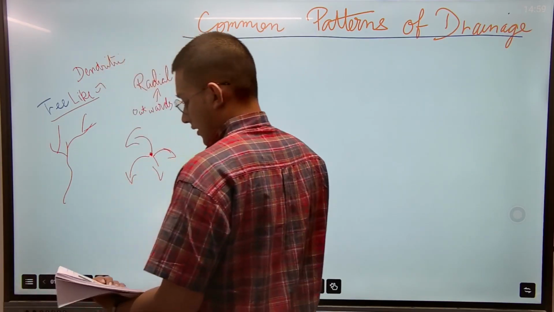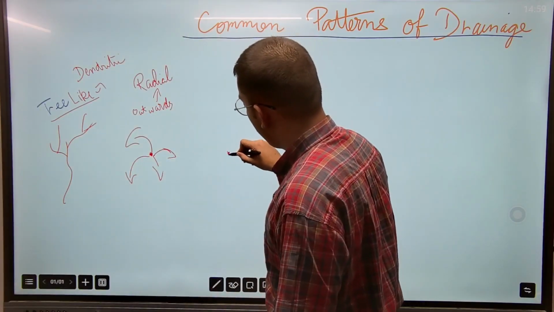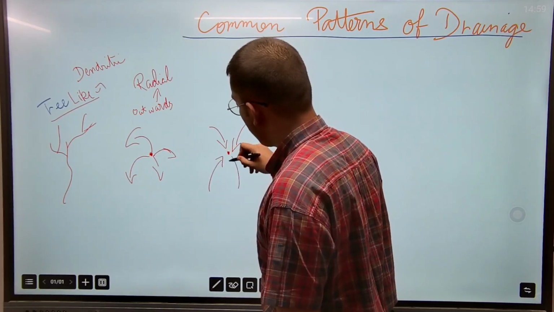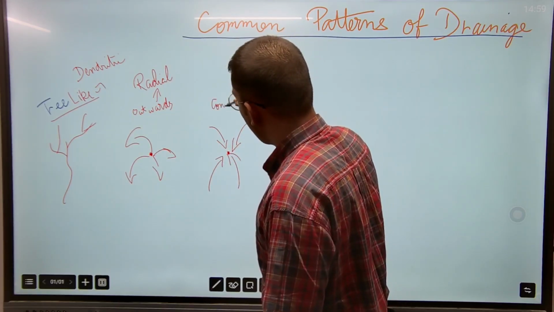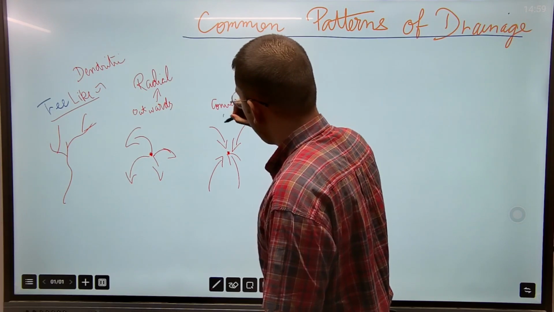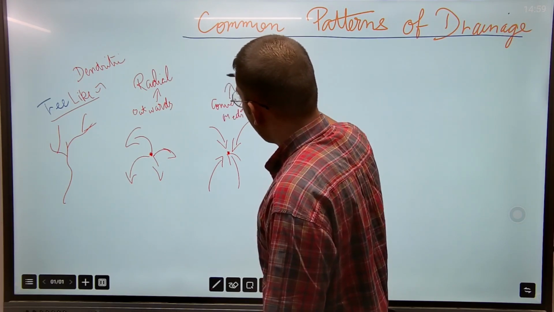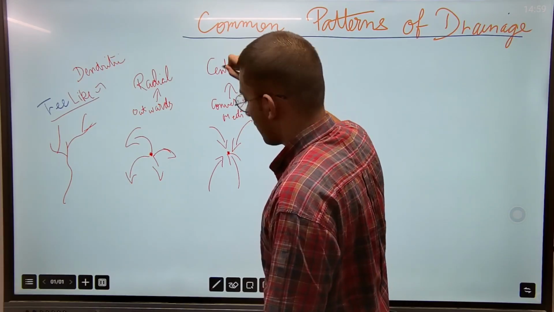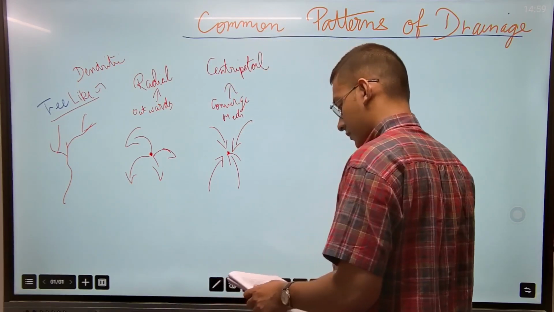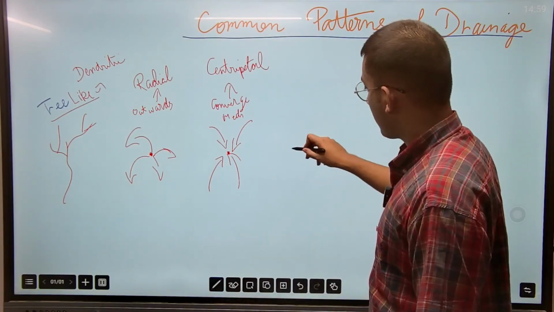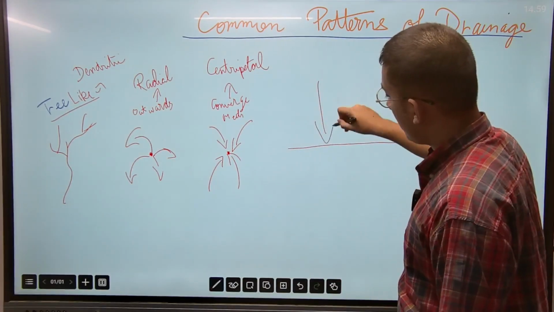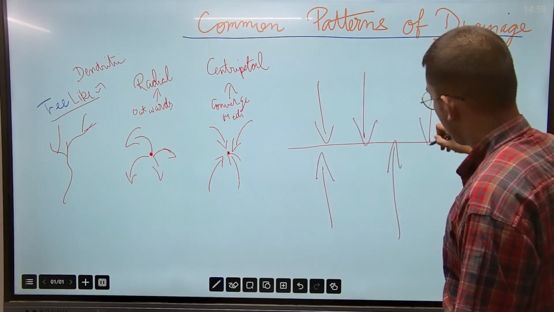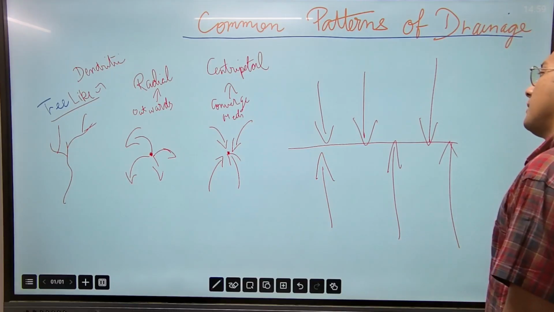Radial. Now we have inwards. Suppose this is a lake, water comes from all directions and converges. It can be converge or meet. It will be your centripetal. Suppose this is a river, and tributaries are joining in at 90 degrees.